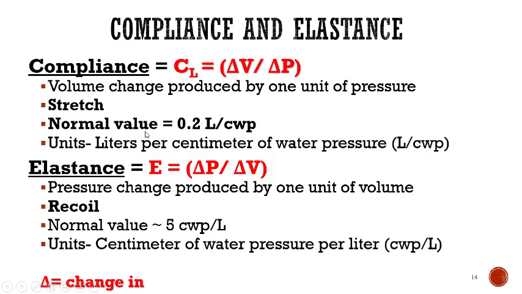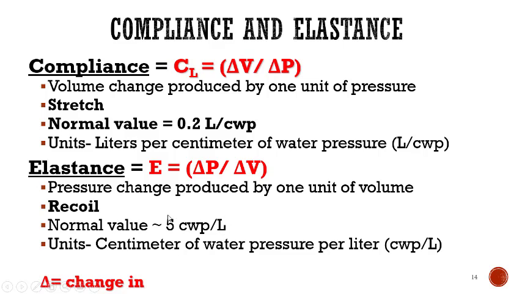So all that means is that for every 1 unit of pressure, and for this the unit is centimeter of water pressure, you get 0.2 liters of lung volume for a normal person. For recoil, it's the opposite, right? As that volume is changing, that pressure is decreasing. And the normal for that is 5 centimeters of water pressure per liter.